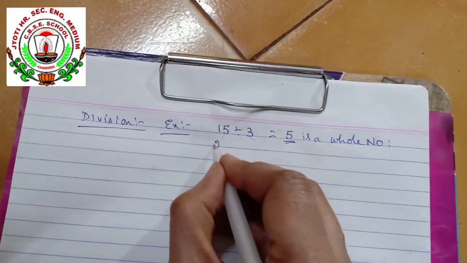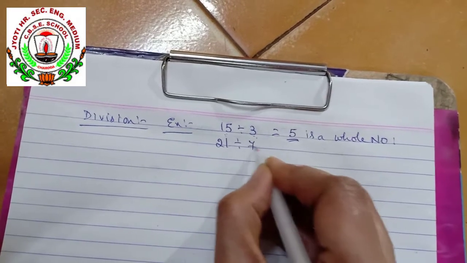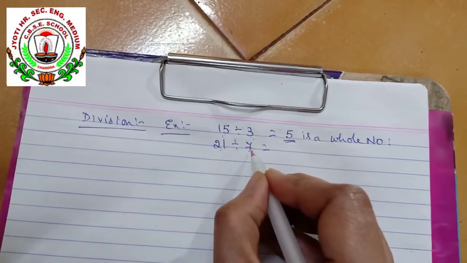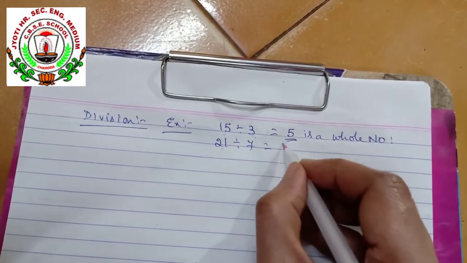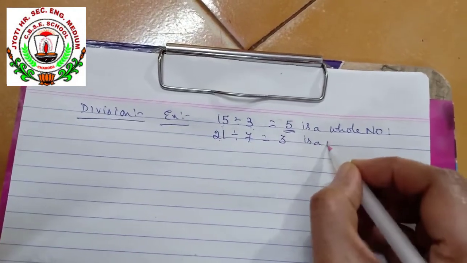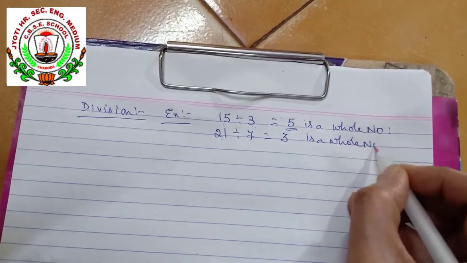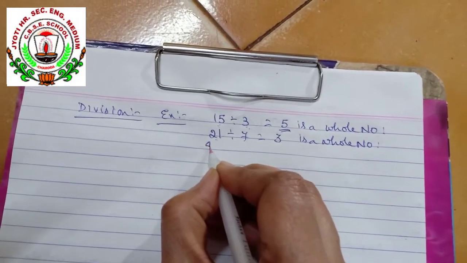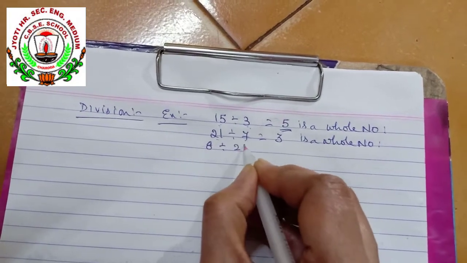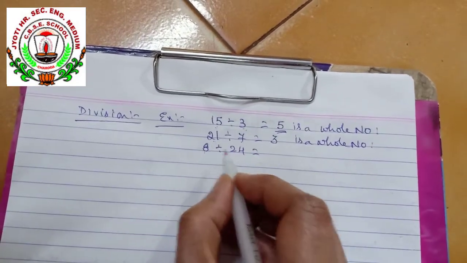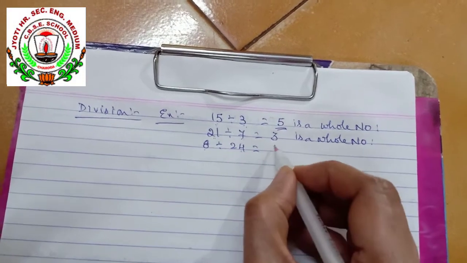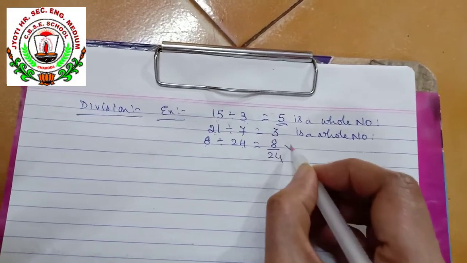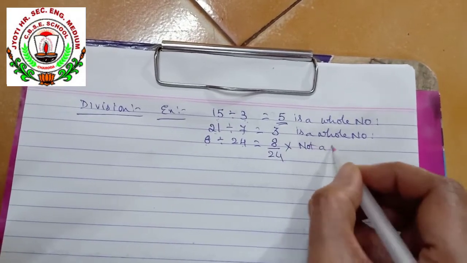When I write 21 divided by 7, 21 is a whole number, 7 is a whole number, so 21 divided by 7 is 3, a whole number. When I write 8 divided by 24, 8 by 24, this is not a whole number.